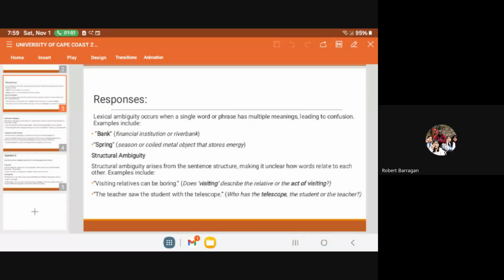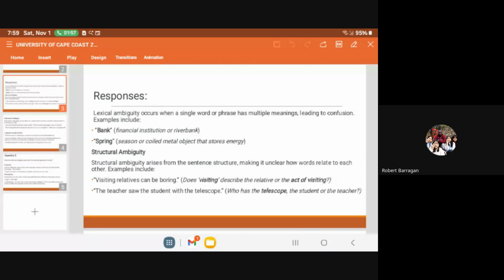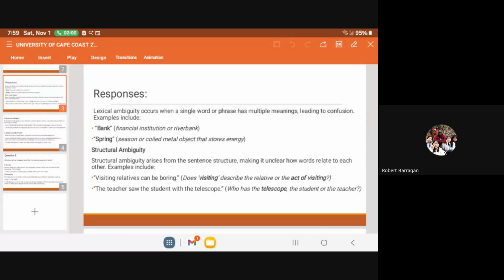Second example, the word spring. It could mean a season or a coiled metal object that stores energy. I can add a third example, the word saw, S-A-W. It could mean the past tense of see, or an instrument for cutting material. So that is where lexical ambiguity is likely to occur because of the polysemous nature of a word.